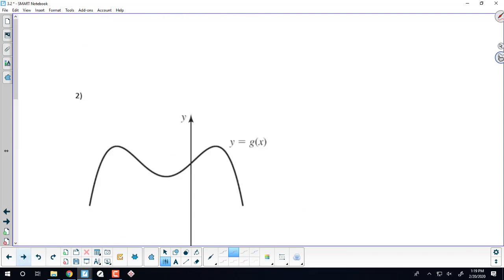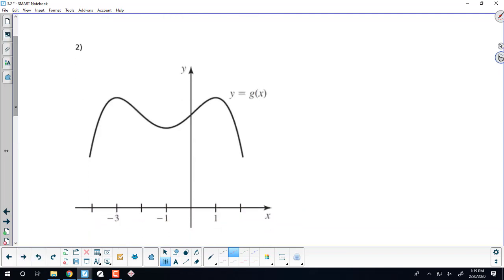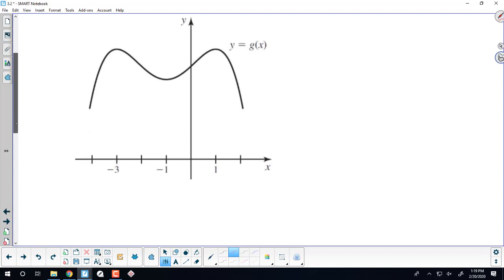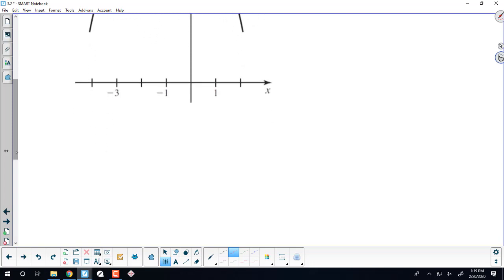Graphs like this, at every point the slope is different. So we're not going to be able to be as precise because we don't have any y values to actually measure the slope, and it takes a lot of effort to measure the slope at every point, even if you did have the y values. So we're just going to try to get a reasonable representation of the derivative for this thing.